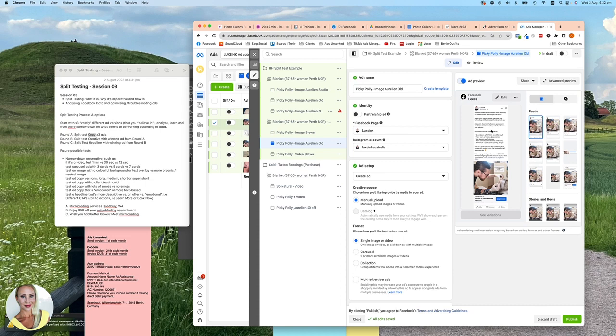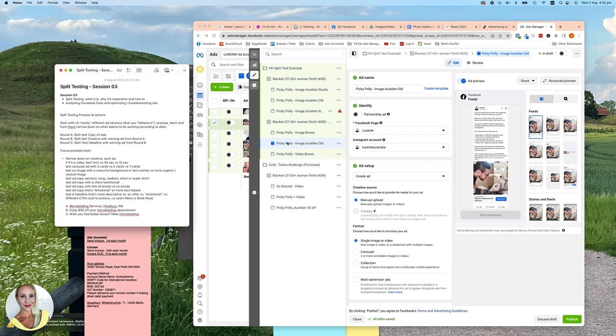And a third angle might be a certain profession, or another copy angle we tested was, have you had a brow tattoo and you're not happy with it? See how those are vastly different angles, drawing different audiences. That's an example of three copy angles.